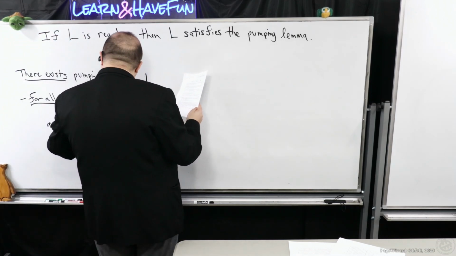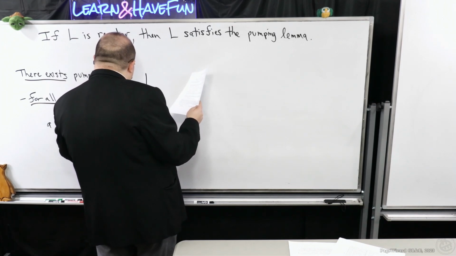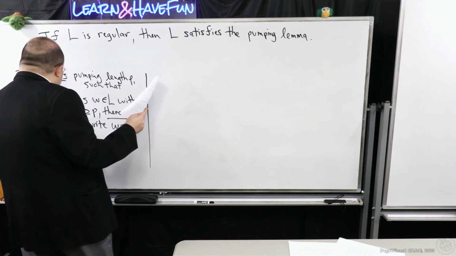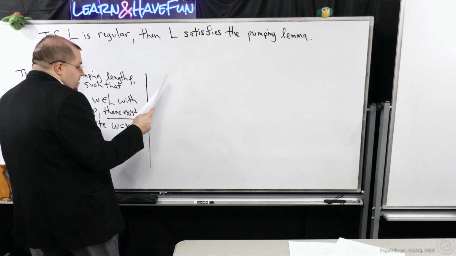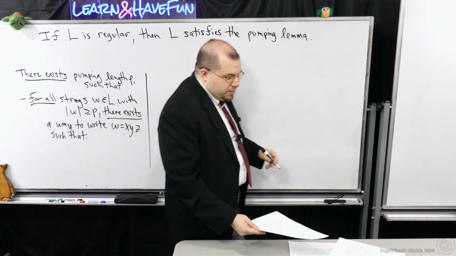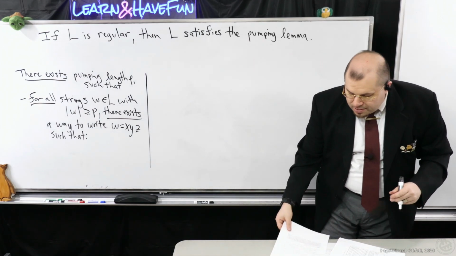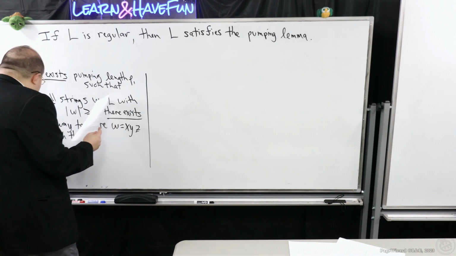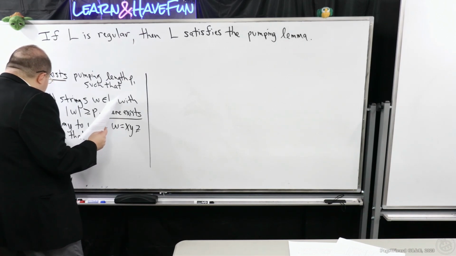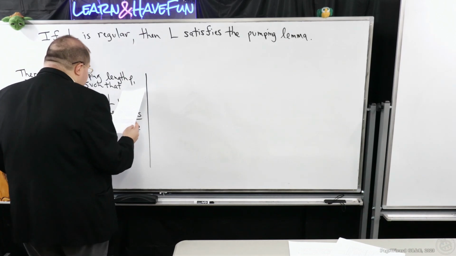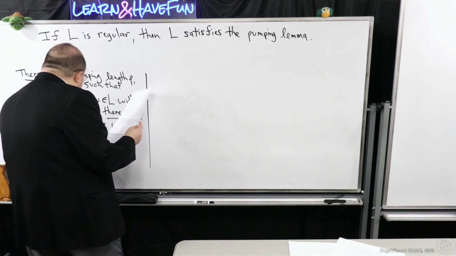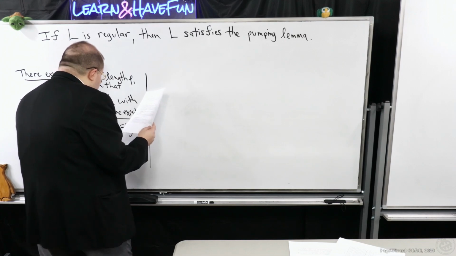to write W as the three parts X, Y, and Z such that we had these properties. That Y is not equal to the empty string, meaning its length is at least 1, and that the length of XY is at most the pumping length.